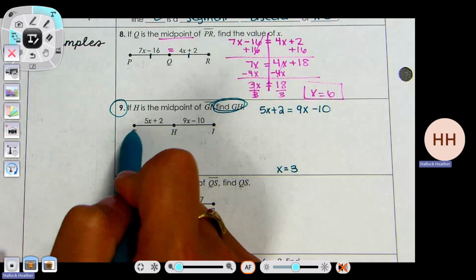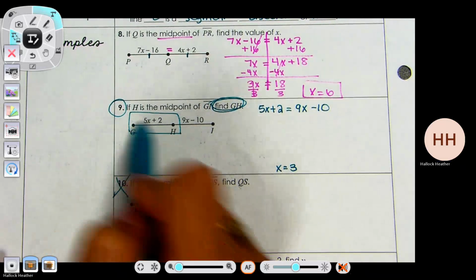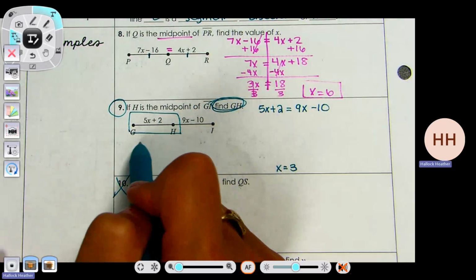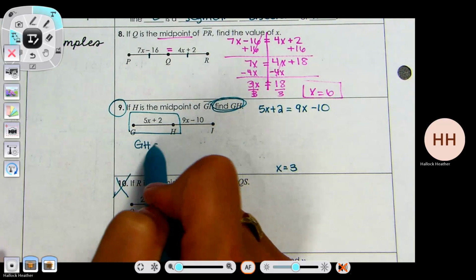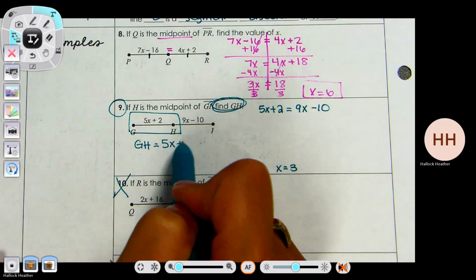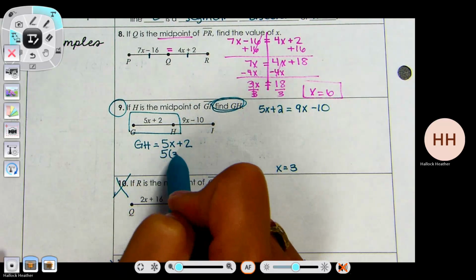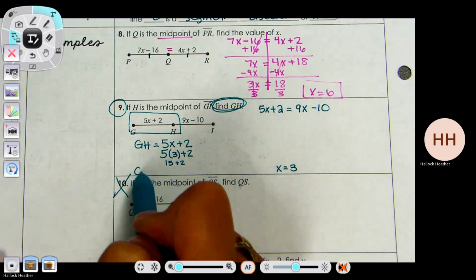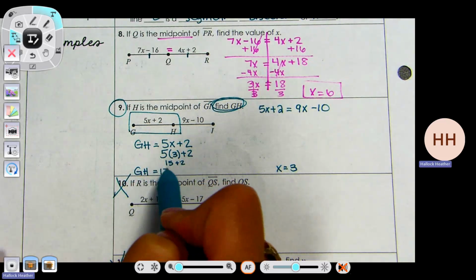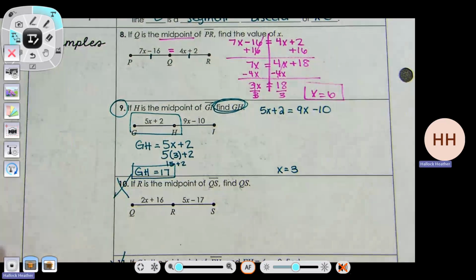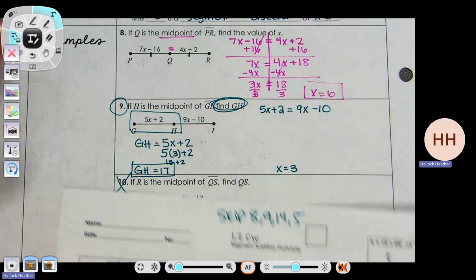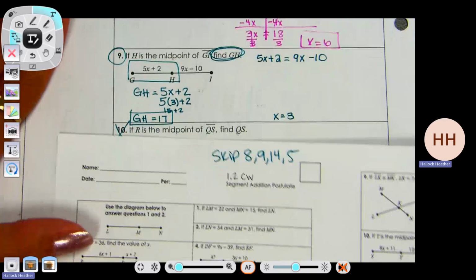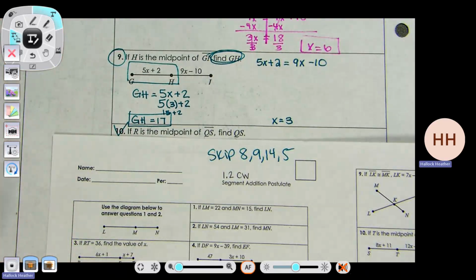So GH is this portion. So you're plugging 3 in. So GH ends up being 17. And then on the classwork paper, you're skipping 8, 9, and 14, 15.